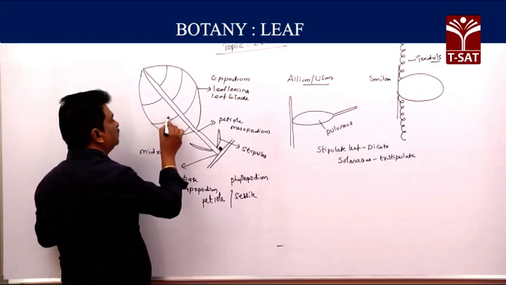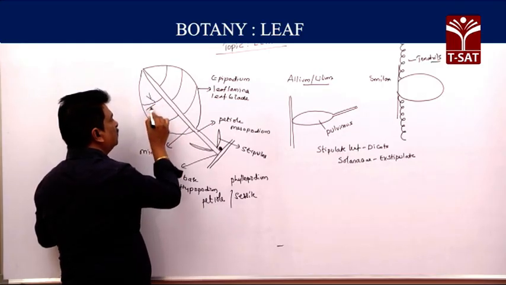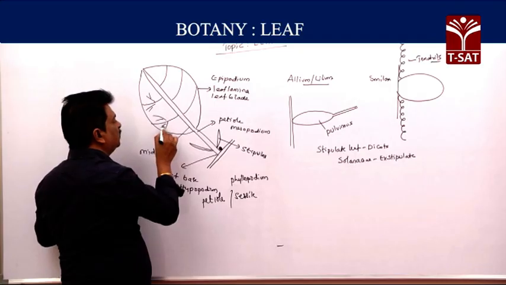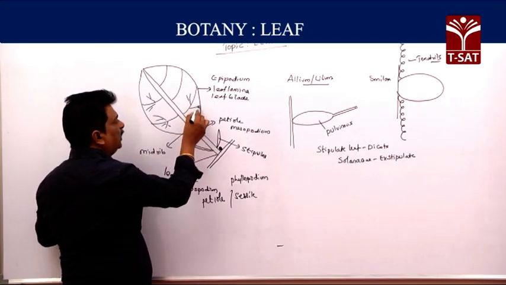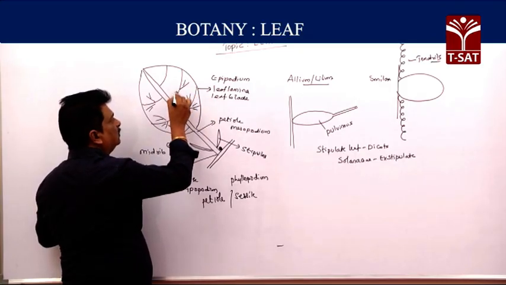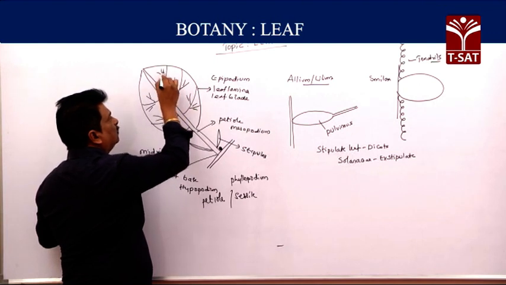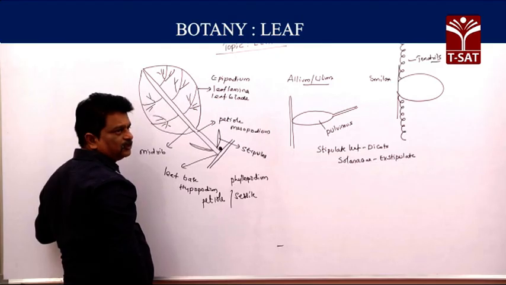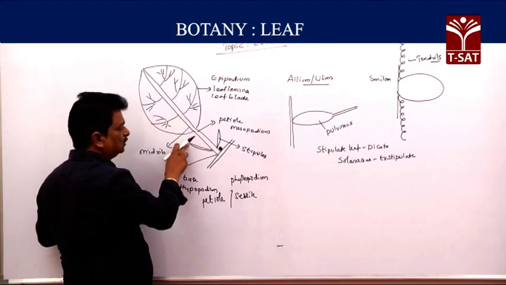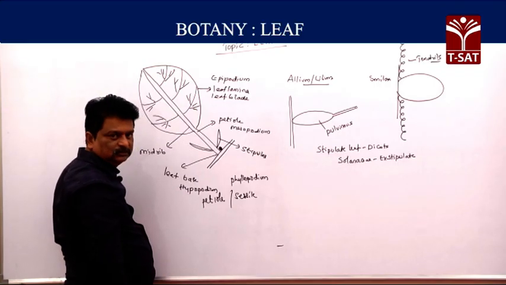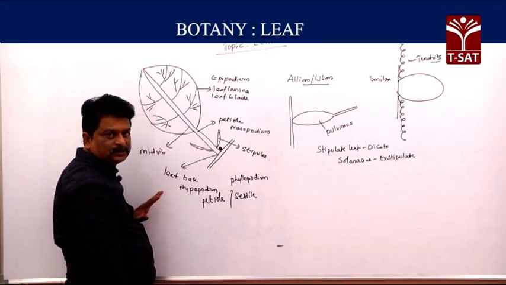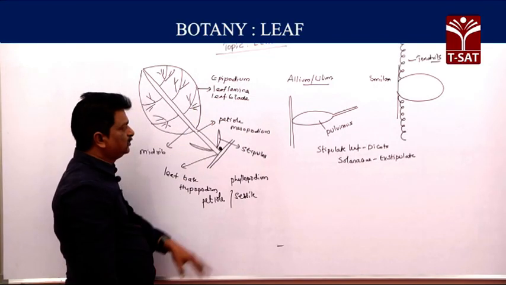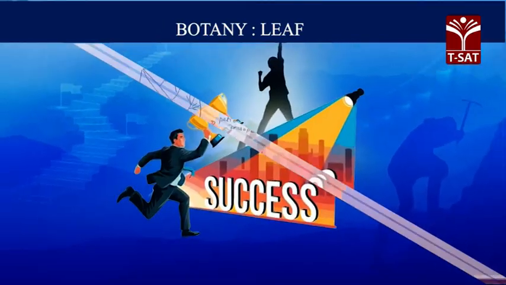From lateral veins, veinlets are formed, and these veins and veinlets act like the skeleton of the leaf lamina. They provide mechanical support. They also transfer water and minerals throughout the leaf lamina, and also conduct food. These are the parts of leaf and their functions.